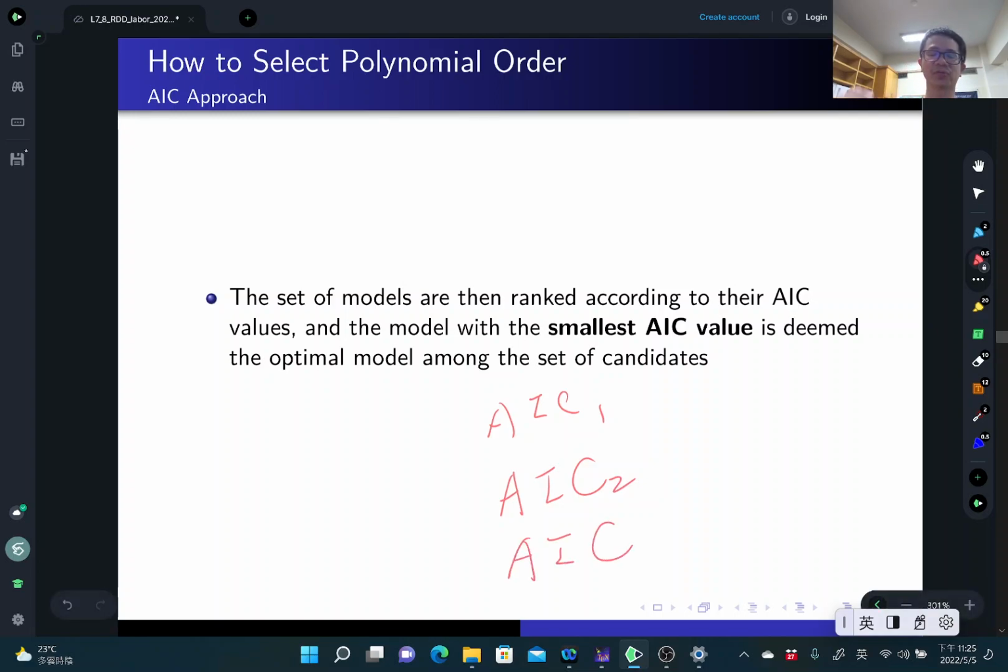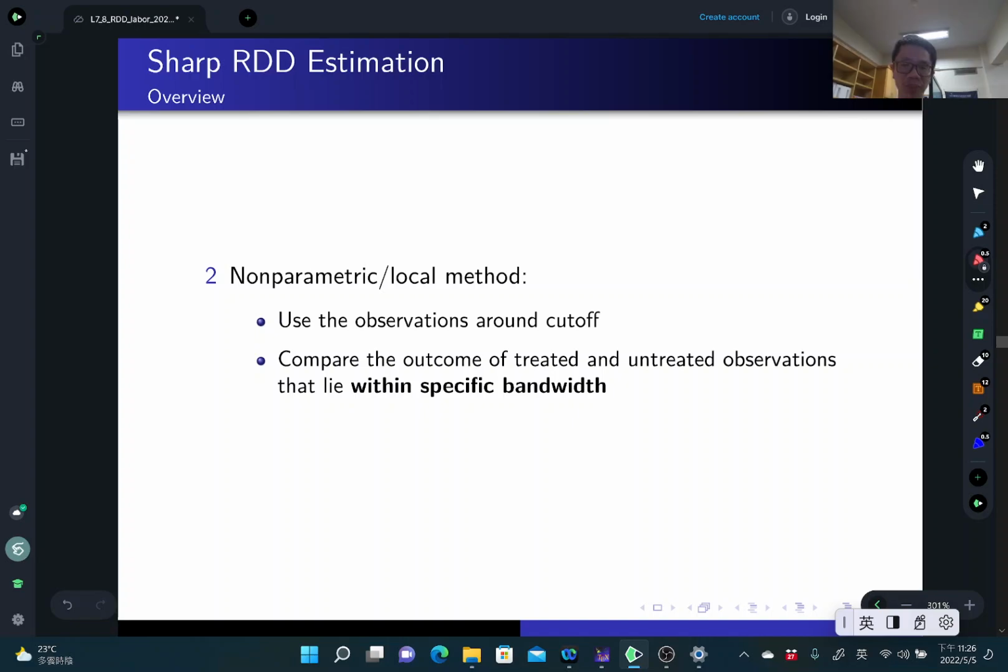If you use third order, more regressors, you get AIC3. And you just pick the smallest one. For example, if AIC3 is the smallest value, you can use that to justify why you use this model's regression discontinuity estimate as your main result. Okay, so that's the polynomial approach, a parametric approach.